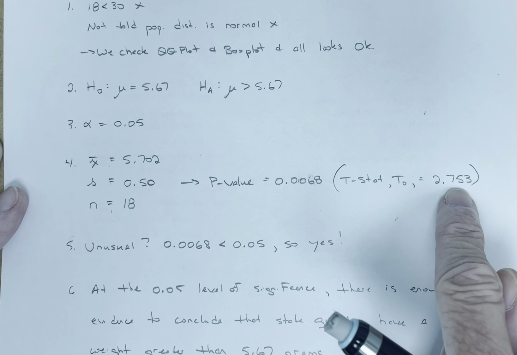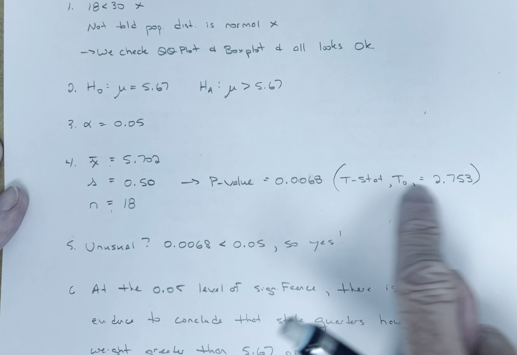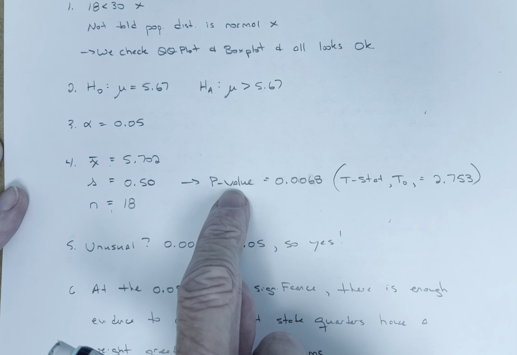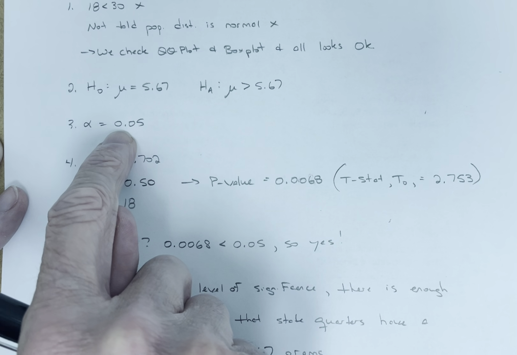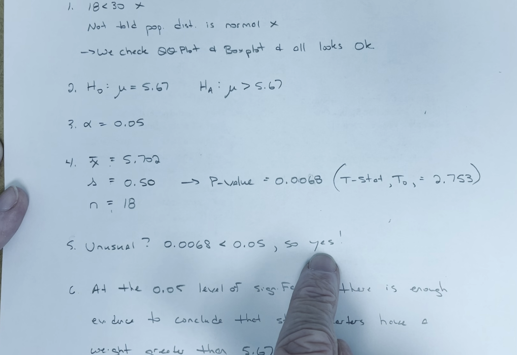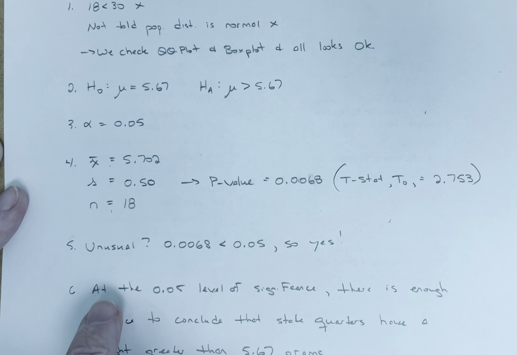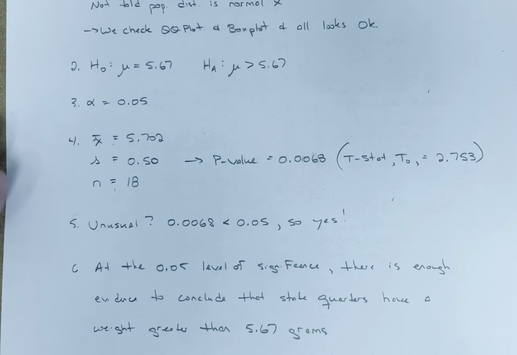Not important for us because we're using StatCrunch, but it may show up on your homework. Unusual means the p-value is less than the level of significance. It is less than, so yes, this is unusual. When it's unusual, the null must go. We reject the null. So at the 0.05 level of significance, there is enough evidence to conclude that the alternative is true, that state quarters have a weight greater than 5.67 grams.